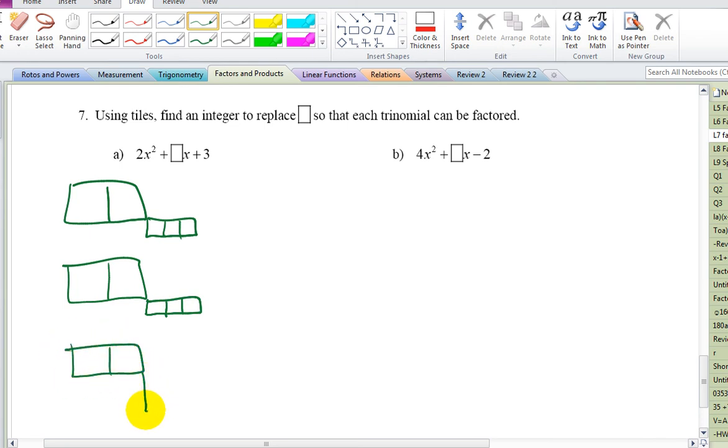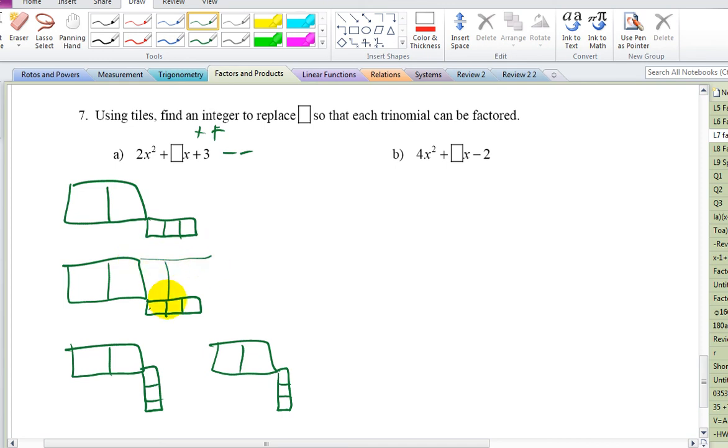Here's a 3 by 1 arrangement. And here's another 3 by 1 arrangement. Do you guys know why I drew 2 of each? Yeah, because we can have 2 positives, or you can have 2 negatives.